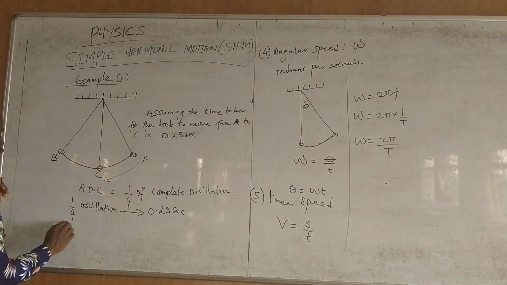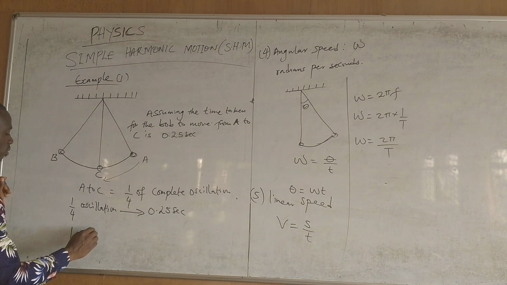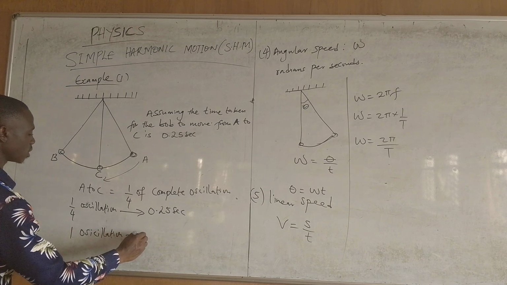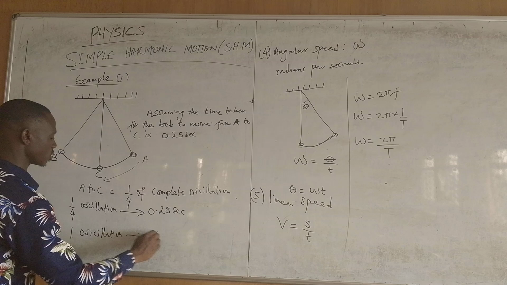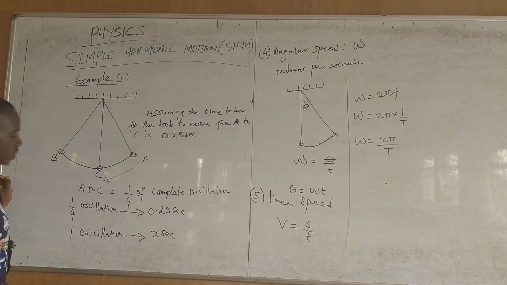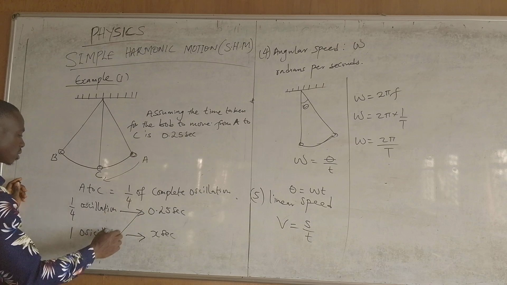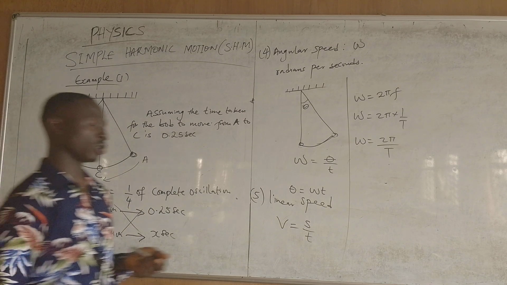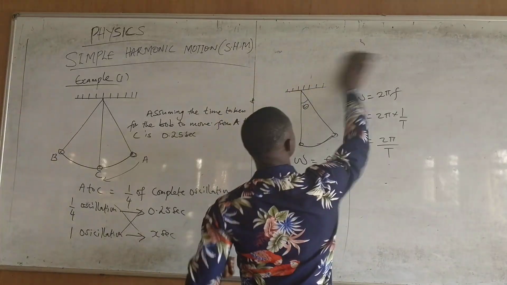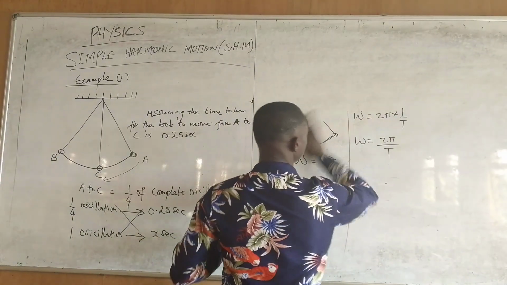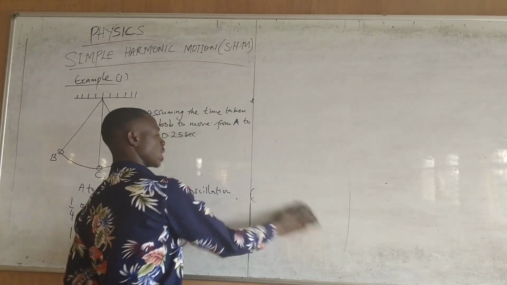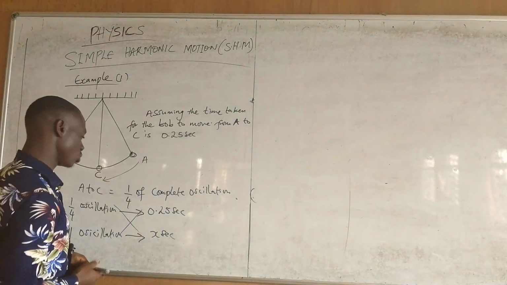So one oscillation is now going to take x seconds, unknown x seconds, and I want to do it like direct proportion, like cross multiplying, if you are familiar with stoichiometry in chemistry, because the number of oscillations is directly proportional to the time spent.